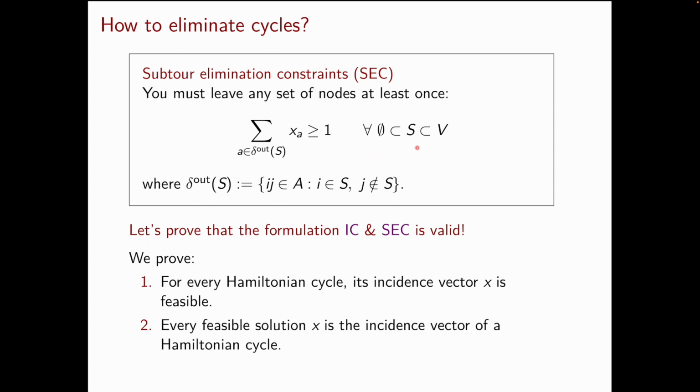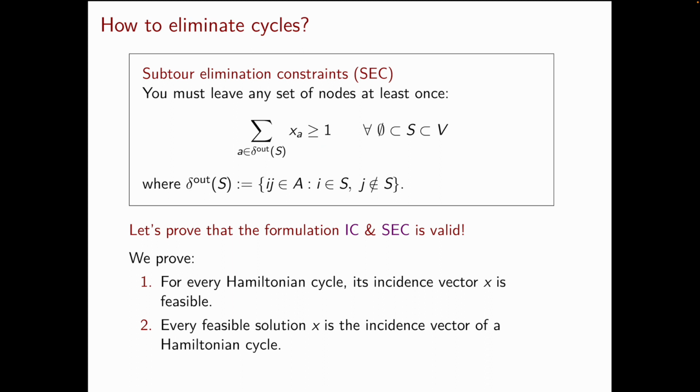In these constraints, we look at every subset of nodes S that is different from the empty set and different from the whole set of nodes V. The idea is that there shouldn't be any cycle or union of cycles that traverses precisely the nodes in S. This can be done by enforcing that there exists at least one arc leaving the set S. So if we define delta out of S as the set of arcs ij with i in S and j not in S, then we can write our subtour elimination constraint as the sum of x_a for every arc a in delta out of S greater than or equal to 1.